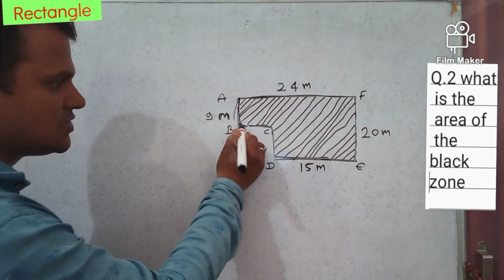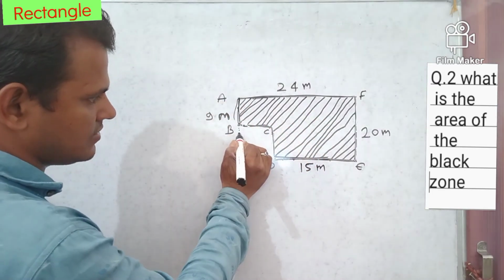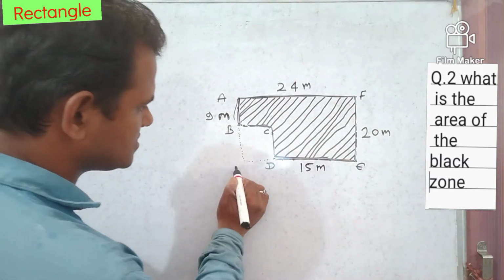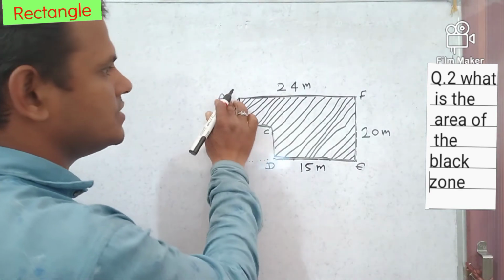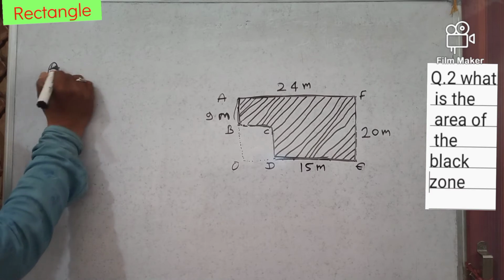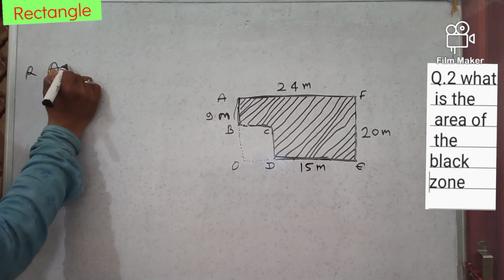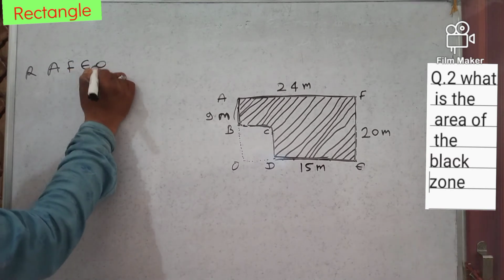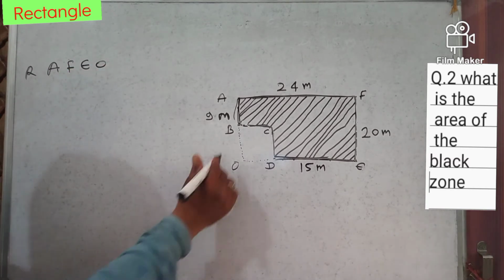But see here friends, in total this is a rectangle. Suppose here is O, so F, O, E: this F E O is a rectangle, right?